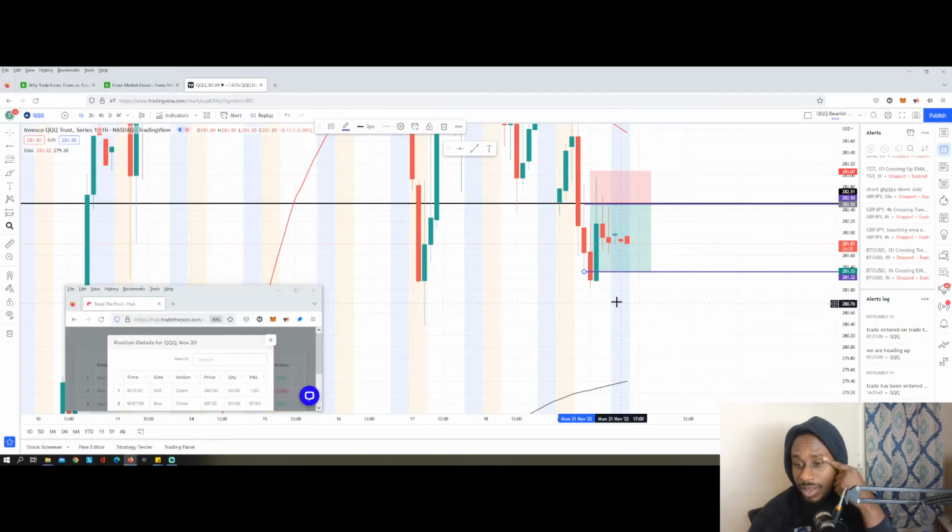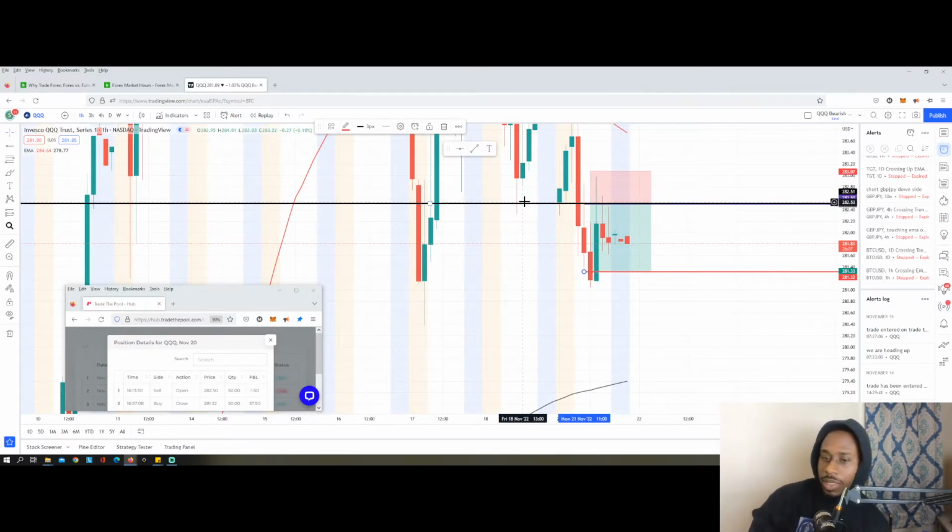I'm not gonna lie, that was a clean trade. That was the entire candle. That was a clean trade. It's not the entire way down. I didn't get it from the tippy top, but I got exactly at the bottom, and it was literally a 2-to-1 risk reward.